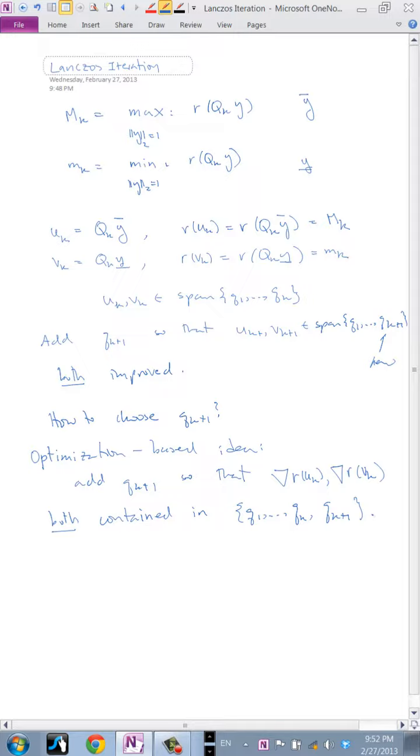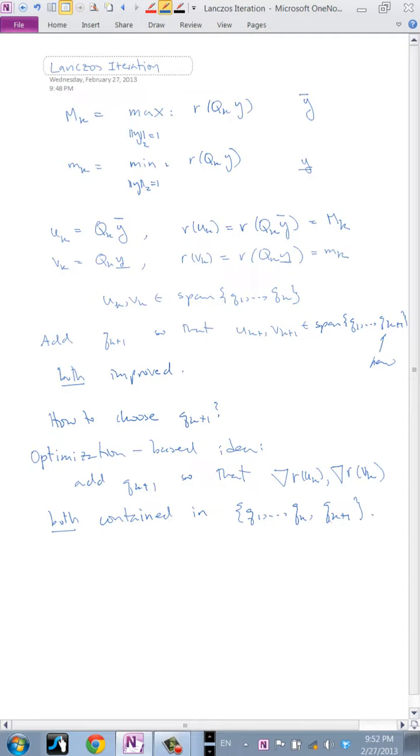I'm not saying this is optimal, but this is certainly a well-motivated idea. The question is, how can we add only one element in order to incorporate both of those gradients? It turns out that we can do this.